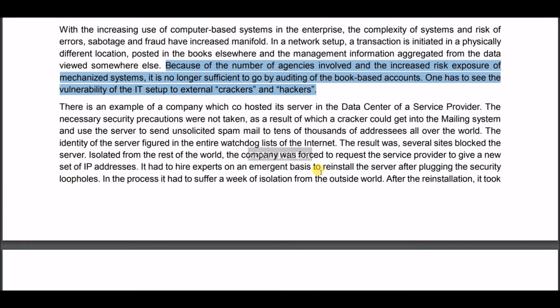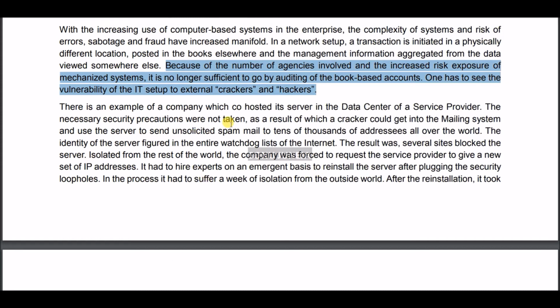And with the number of agencies involved, one has to make sure there is no risk exposure, and it is no longer sufficient to audit just by the books. Now one has to see that the information system set up is secure enough to block crackers and hackers from your computer.